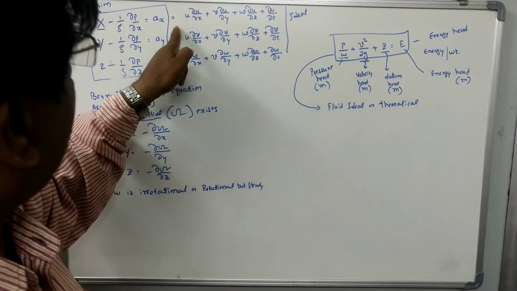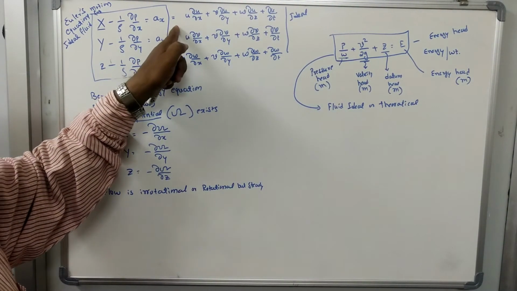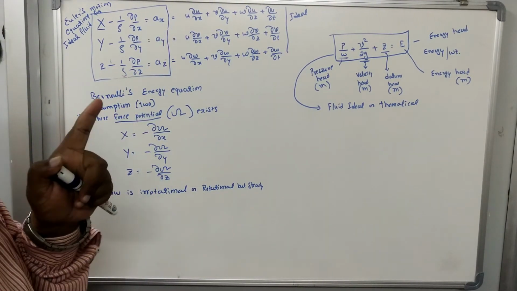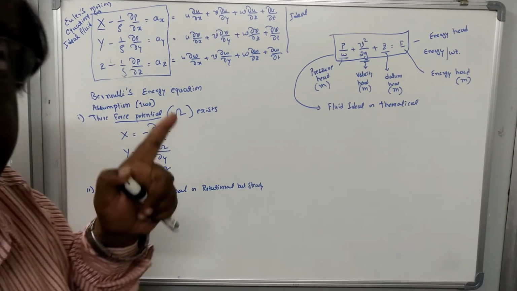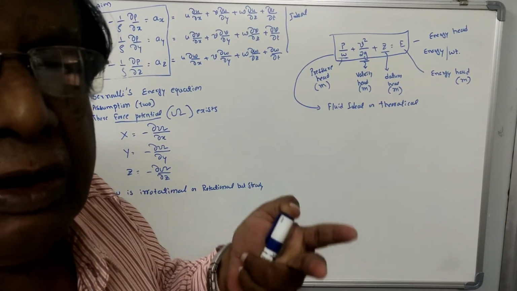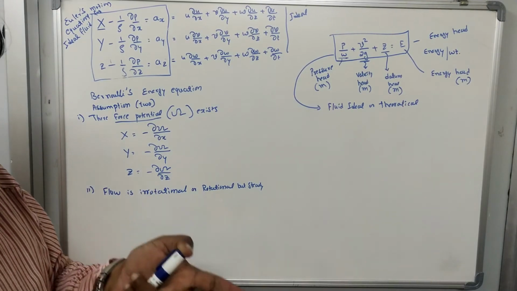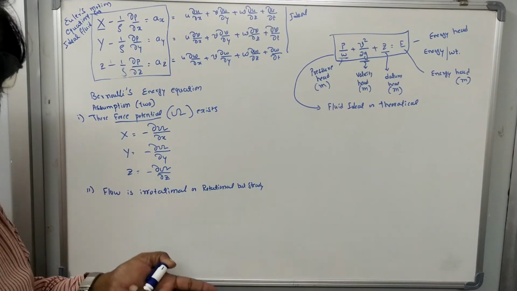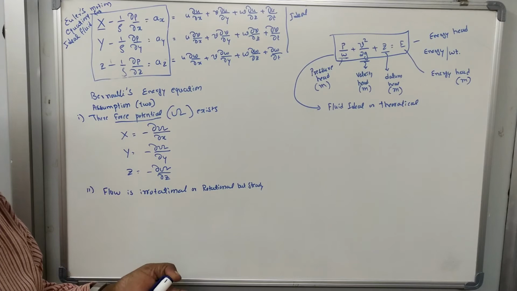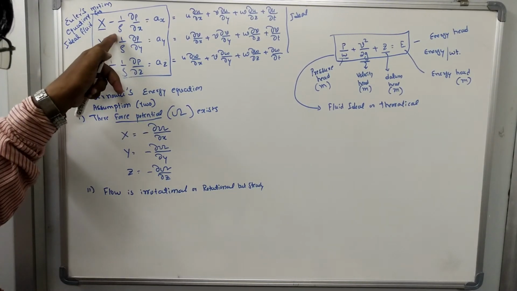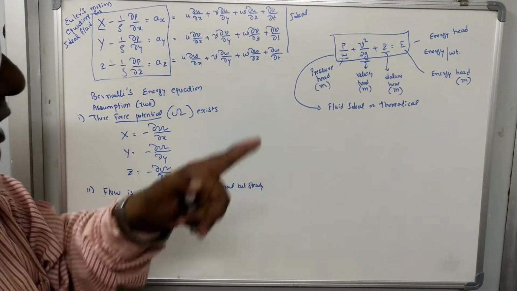While deriving the Euler's motion equation, we assumed that the fluid is an ideal or theoretical fluid, and we considered only two external forces acting when the fluid is in motion: the volumetric force, that is the body force, and the surface force. Then we got this equation and integrated it. So this is the ideal fluid.